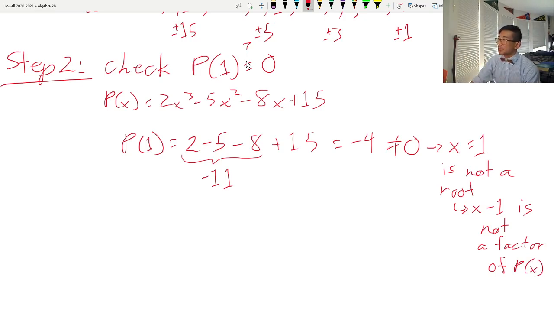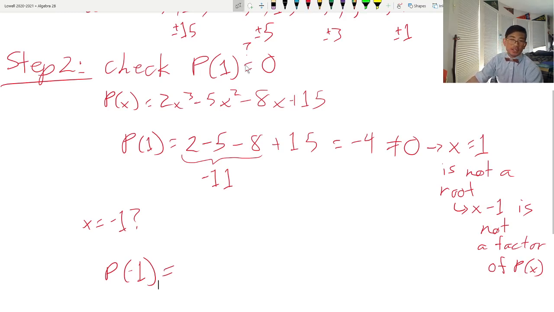Okay, how about x equals negative 1. Let's try that. So I would check again, P of negative 1 is equal to, let's see, negative 1 cubed is actually negative, so I have to be aware of that. So I'll be negative 2, but negative 1 squared is just positive 1, so I don't care there. Minus 5 plus 8 plus 15.